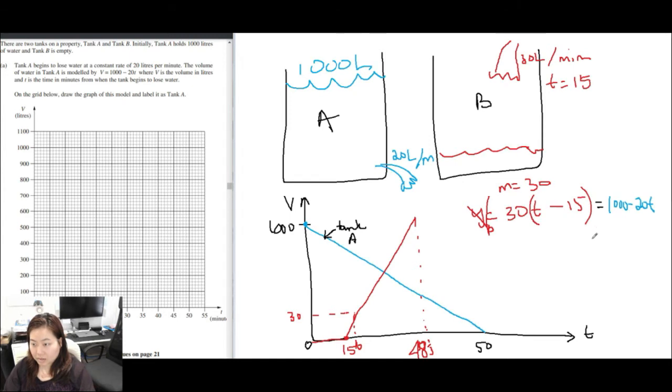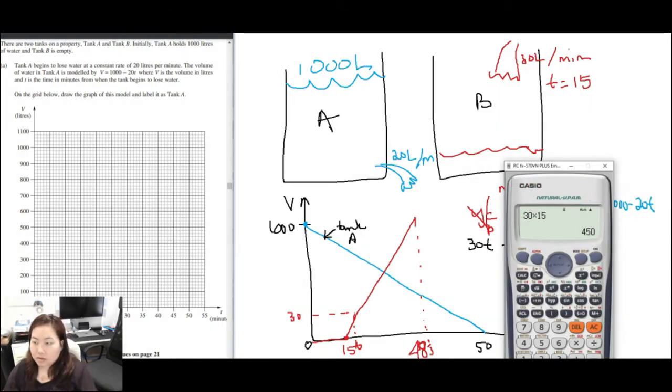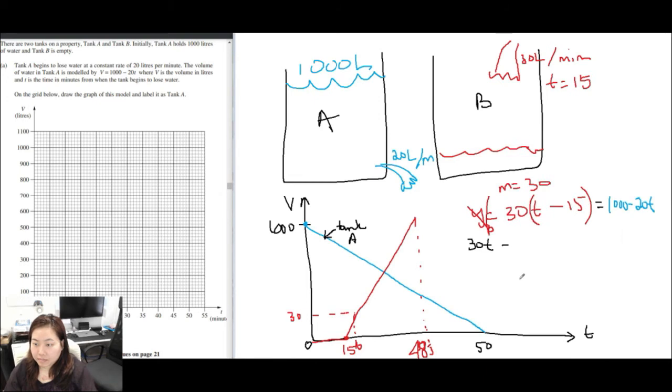So I'm going to turn it to black now. 30t minus 45. Nope, that's not right. Hold on. 30t minus 450 equals 1000 minus 20t.